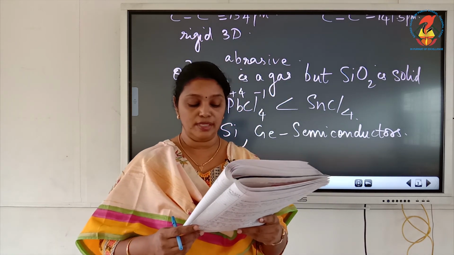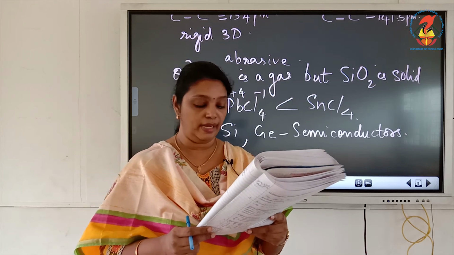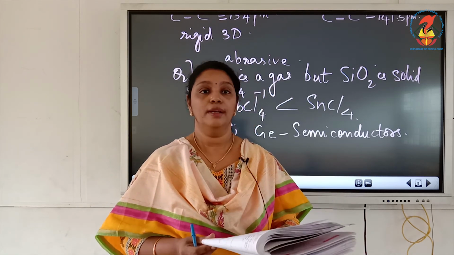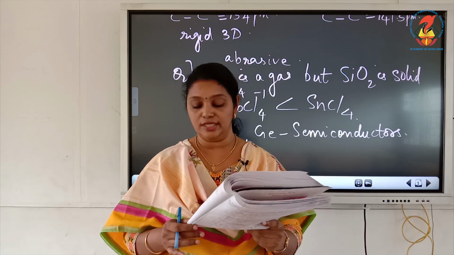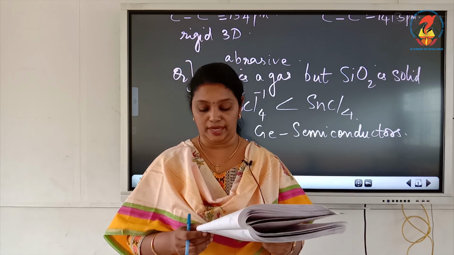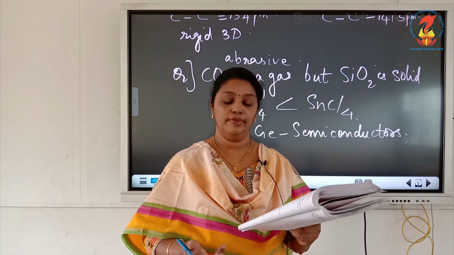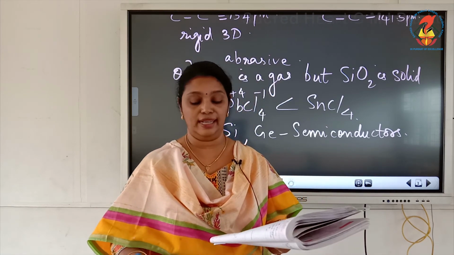Answer, other members of group 14 can accommodate the lone pair of water molecules in their vacant d orbital. But carbon does not contain vacant d orbital to accommodate the lone pair. So, they can undergo hydrolysis easily, the tetrahalides of silicon, etc.